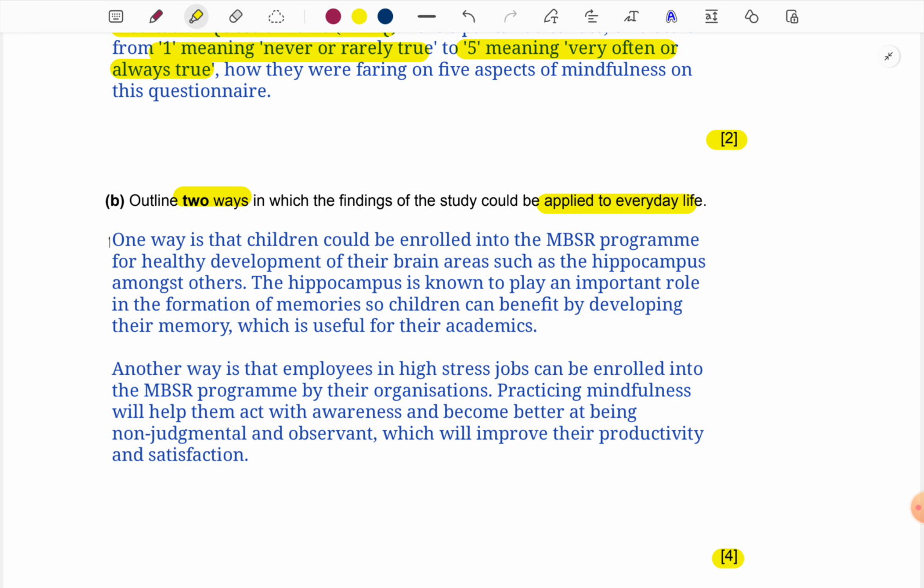Or they'll give a very general answer. Students can do mindfulness, nowadays there's a lot of stress. Employees can do mindfulness, nowadays there's a lot of stress. Again, no detailing. What stress is there for which mindfulness can be helpful, or to what effect it will be helpful, what will be the result of doing mindfulness? Nothing. So it doesn't show good understanding, it doesn't show clear thinking, so marks will not be achieved.